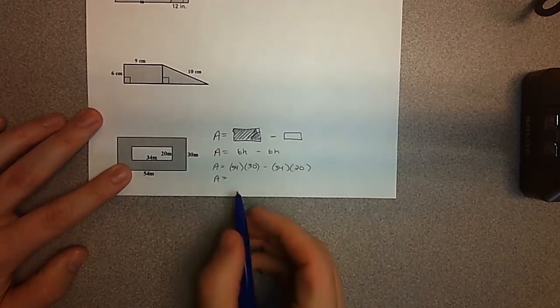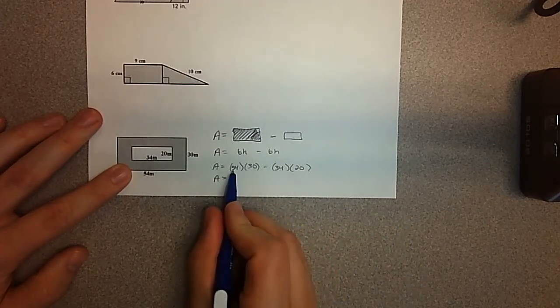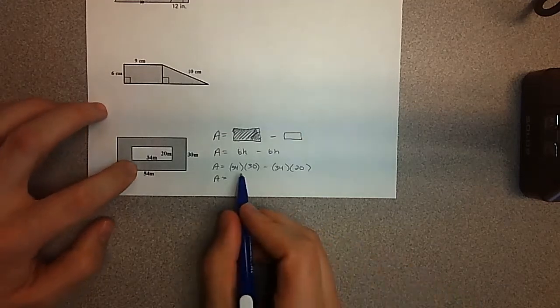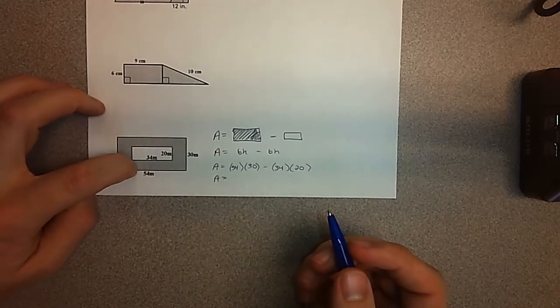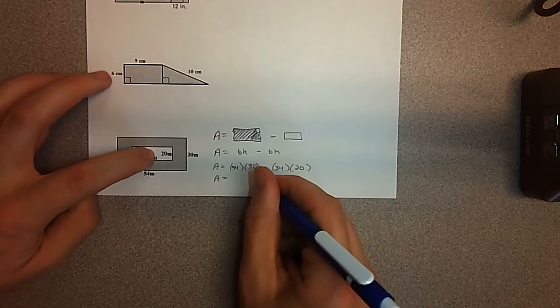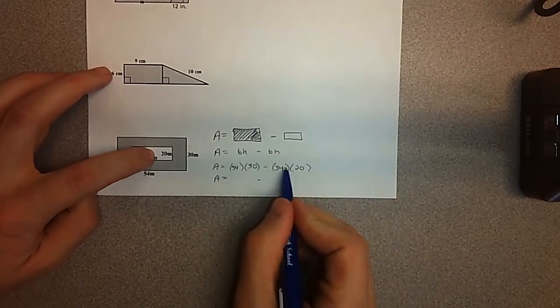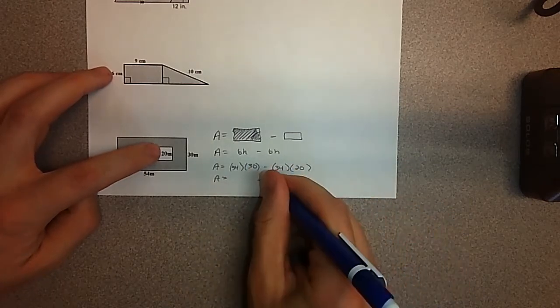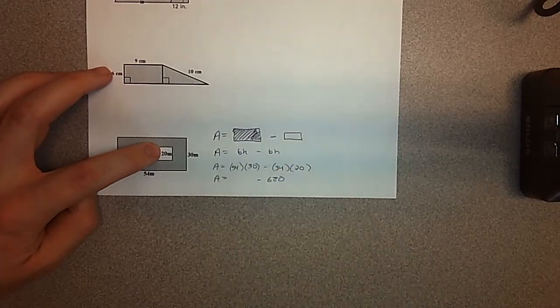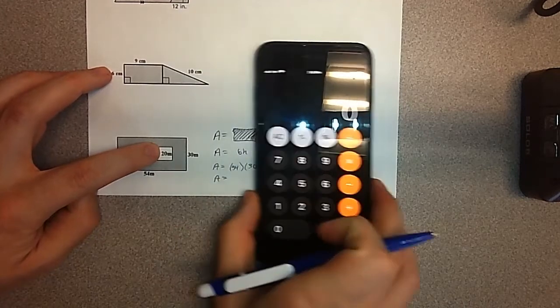All right, so now I'm not going to combine like terms, I'm going to multiply these together. 54 times 30, so really what I'm doing is 54 times 3. I'm going to have to grab a calculator in a second, but I can do the small one real quick, because that's just 34 times 2, which is 680. Let me grab a calculator. I'm just using my phone. You might not have a calculator right now, but I bet you have an iPhone or an Android that can do this for you.